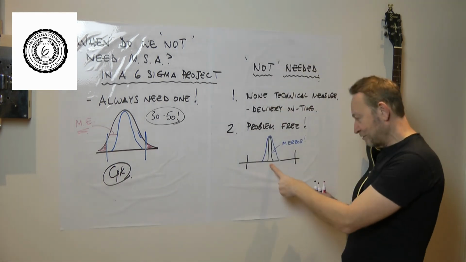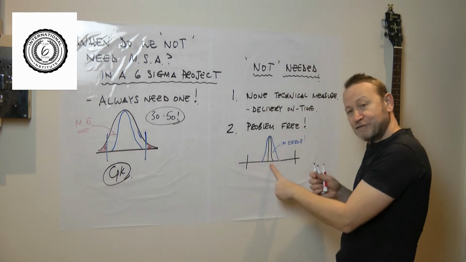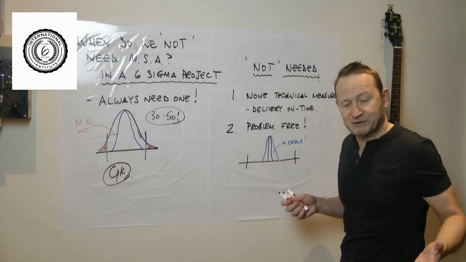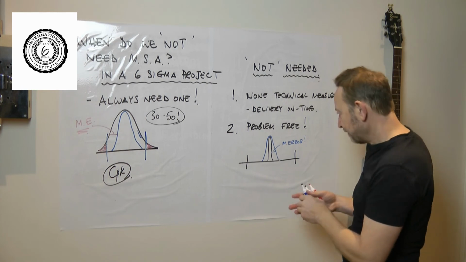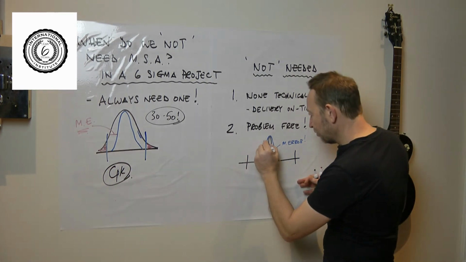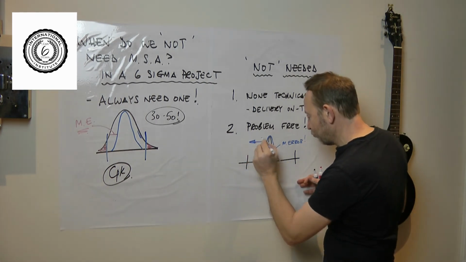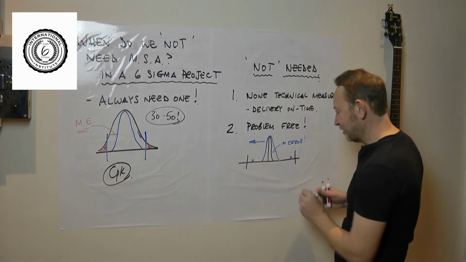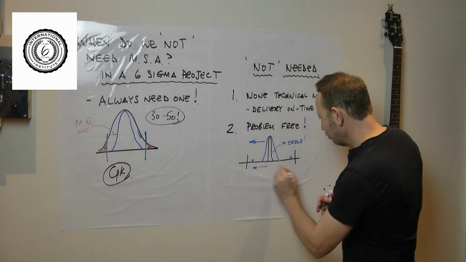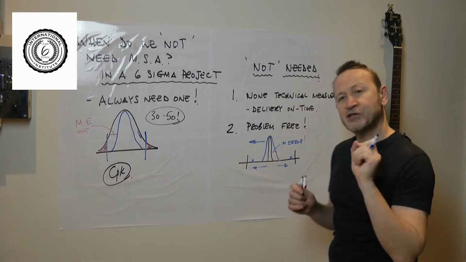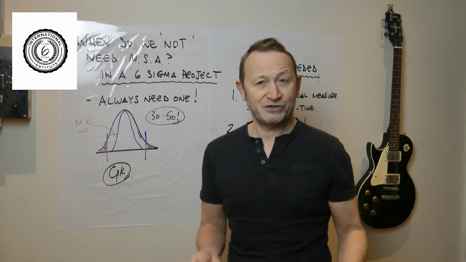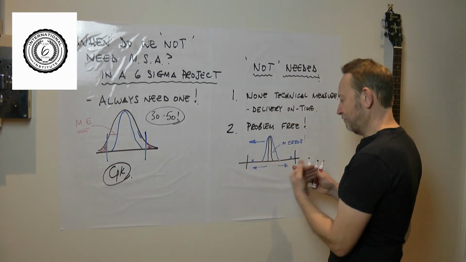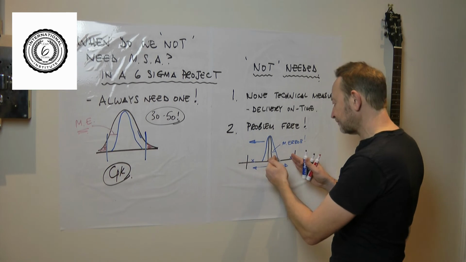Well, look at this one. Do I think I've got defects when I really haven't? No, so that's not a problem. Don't need to improve it. How about this then? If the process started to wander, so if it moved dramatically towards the specifications over to here or to here, could the measurement system see that movement? Well, yes, it could. So it's not getting me to misclassify, it's not causing me a problem.